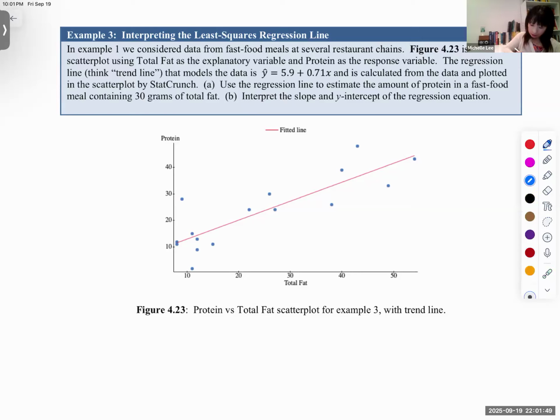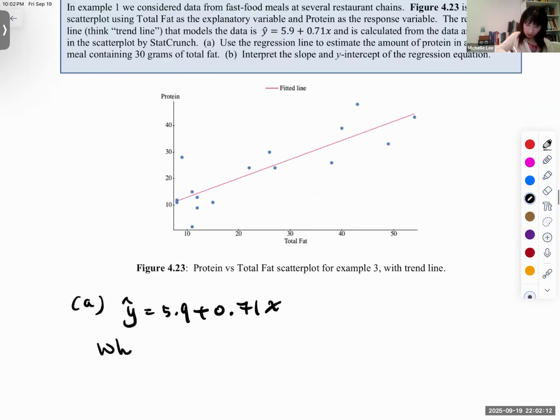Let's write it down. A: y hat equals 5.9 plus 0.71x. When x equals 30, what is the y value? So when x equals 30 grams, we have y hat equals 5.9 plus 0.71 times 30.